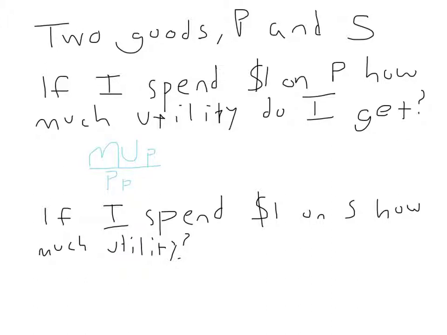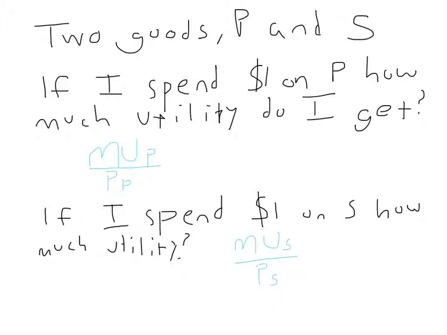Similarly, if we spend $1 on soda, we get the marginal utility from consuming a can of soda, but we only get to buy a fraction of that soda. If we have $1 and a soda costs $2, then we get 1/2 of a soda, and in general we'll get 1 over the price of the soda.